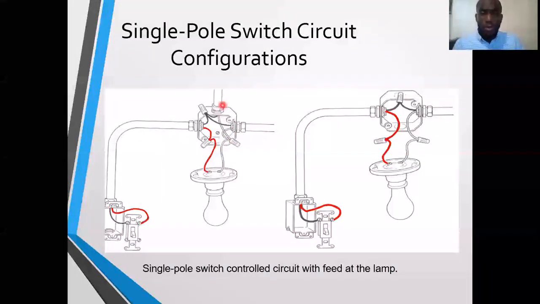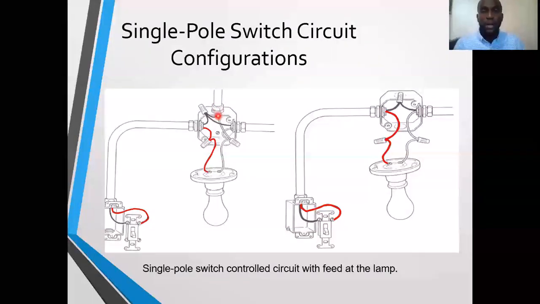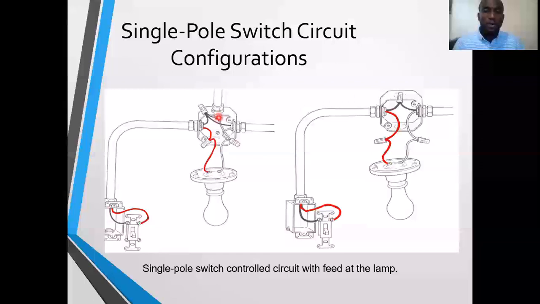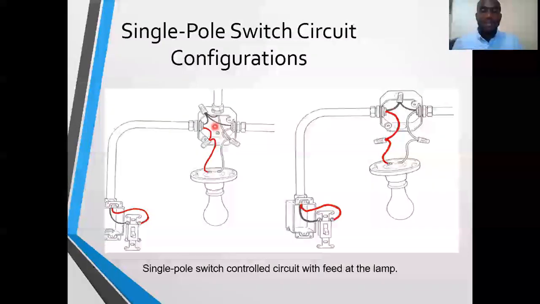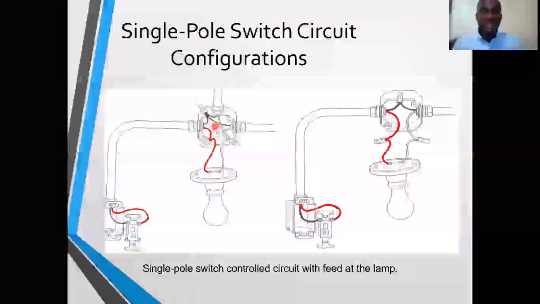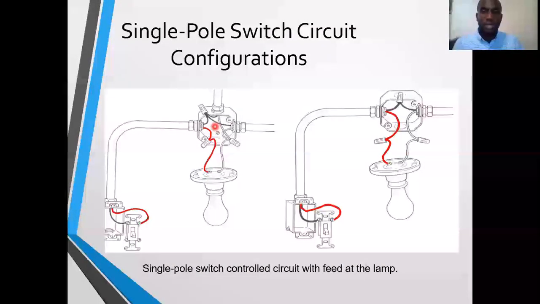So we see the source coming through, and in this case, we do not wire the ground contact. We leave the ground out of these wiring diagrams. But for some examples and exercises where the grounding is required, then we will put the grounding in.